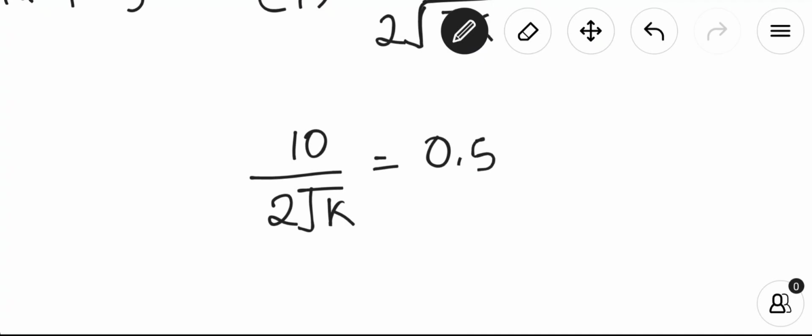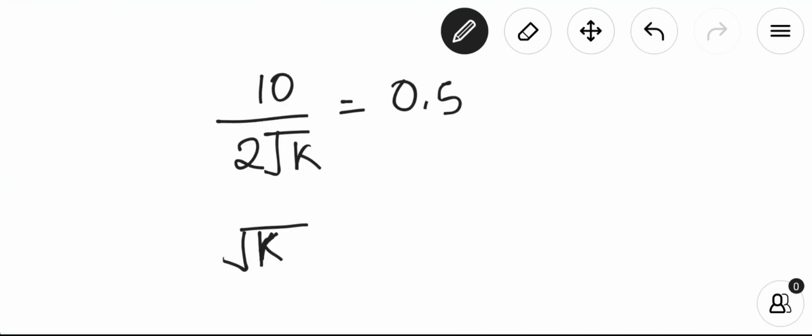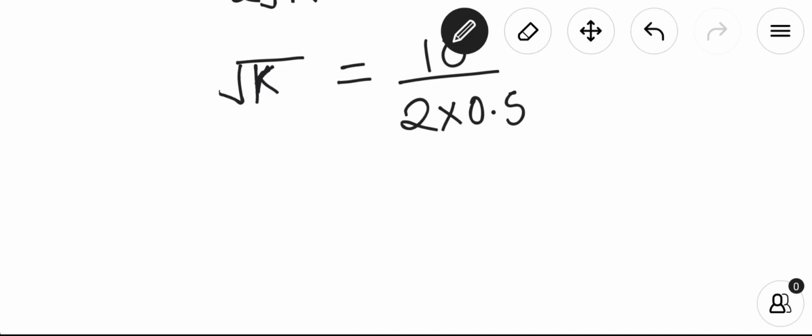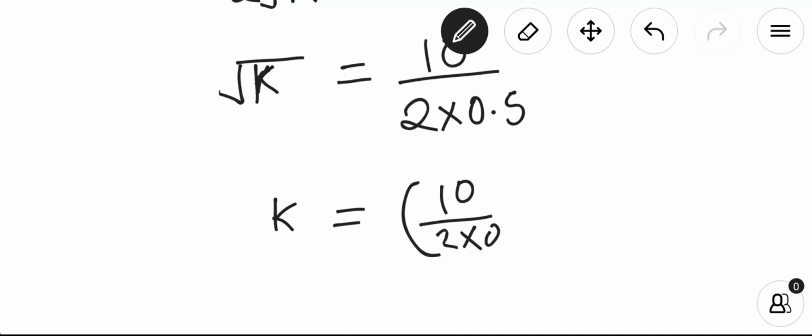In order to find K, you can cross multiply, or I can switch values. This should be 10 over 2 times 0.5, and squaring both sides, this will give you 100.